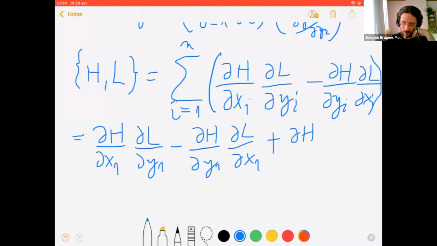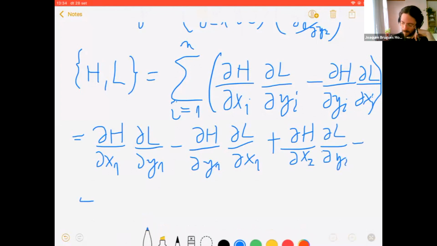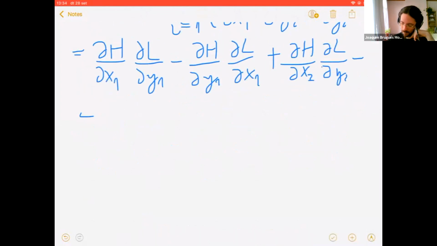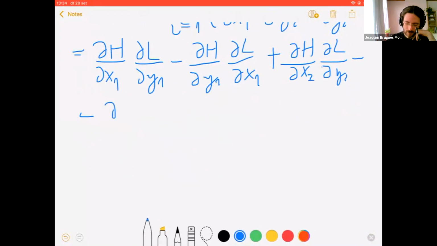So here we will just need to replace this with the correct partial derivatives. One second, so that I can write everything out. Here, partial of h with respect to y2 and partial of the momentum with respect to x2.